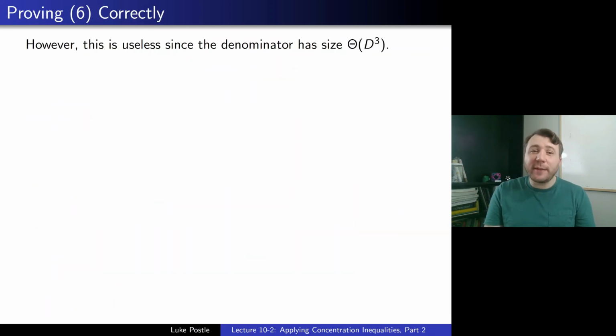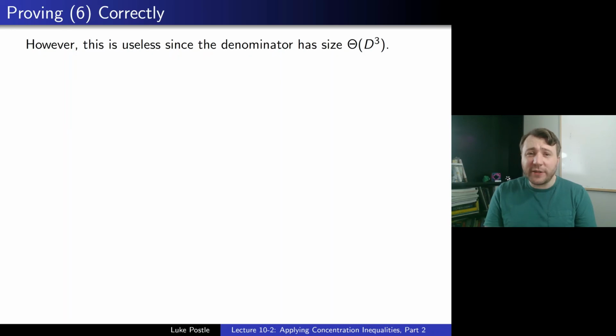If you stare at that denominator, you'll realize this is useless since it has size theta of d cubed. The change constant is on the order of d, so we get d squared, and then the expectation is also on the order of d, and that's just not good enough, right? Because we want to show that you're highly concentrated within some linear factor, so that's just not going to work.